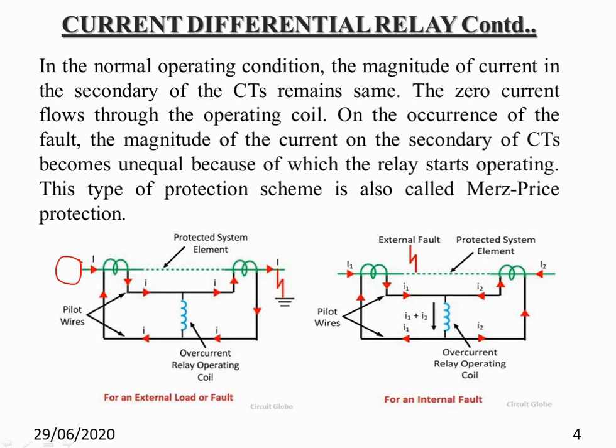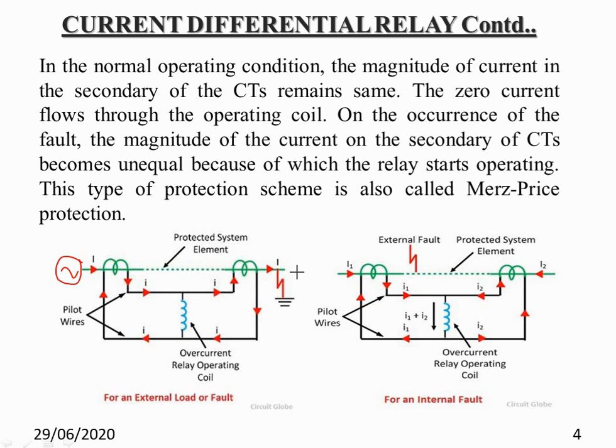Suppose here a source is connected. That means this capital I current is flowing from the left hand side to the right hand side. As the fault happened is a through fault, the capital I current is flowing through this line and through the protection zone, and it is going out. That means the same current is going out.